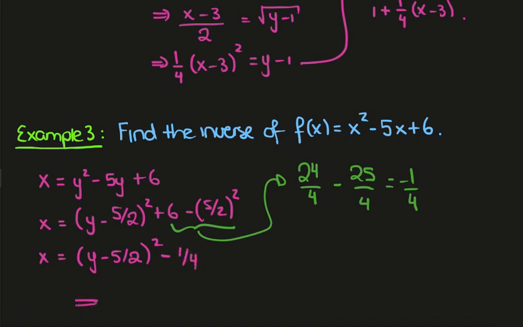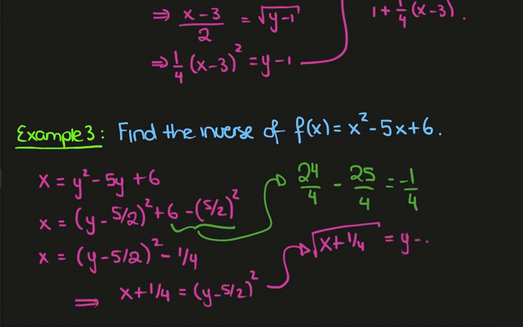So now we'll just add 1/4 to both sides. So we'll have x plus 1/4 is y minus 5/2 squared. And then we'll square root both sides. So we'll have x plus 1/4 square rooted is y minus 5 on 2. And so the inverse function here is given by 5 on 2 plus, I should have a plus or minus here.